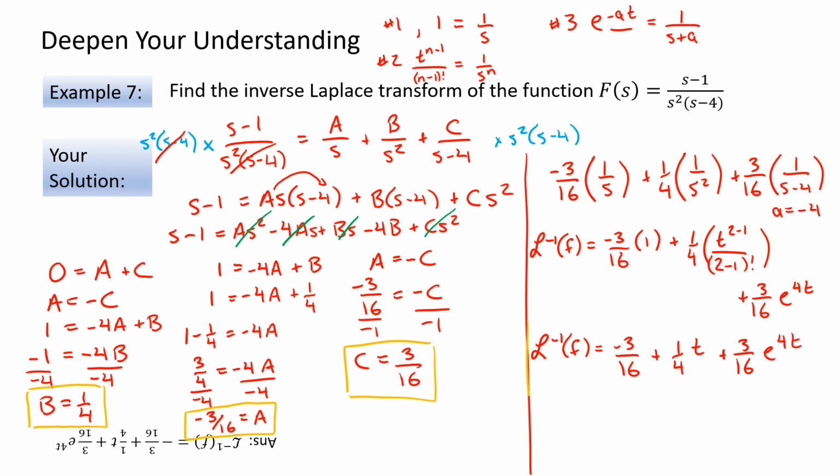Okay? So another long one, using partial fractions to solve. But what you can see here is the partial fractions breaks it down into all different sorts of functions that fall within the confines of this Laplace transform table. Okay?